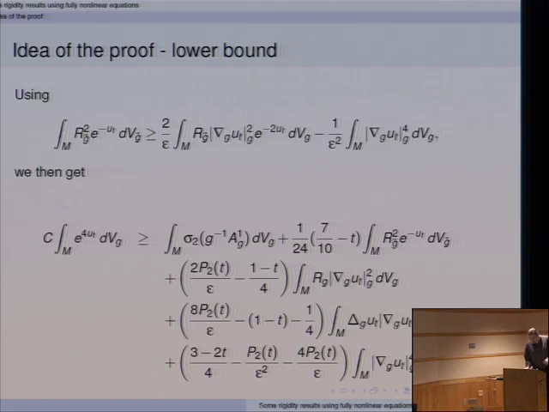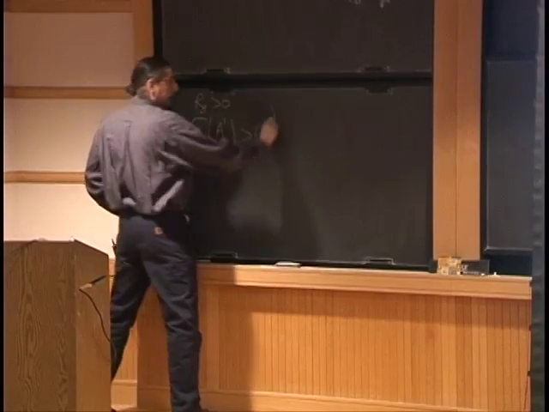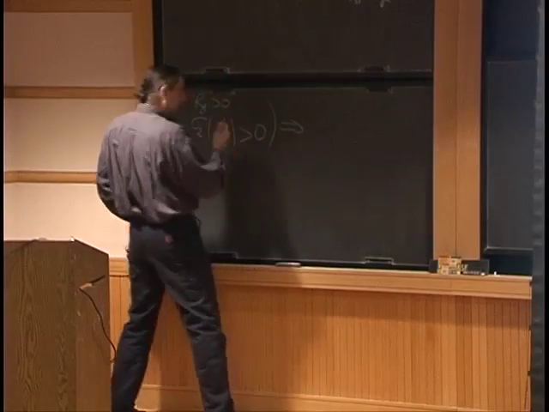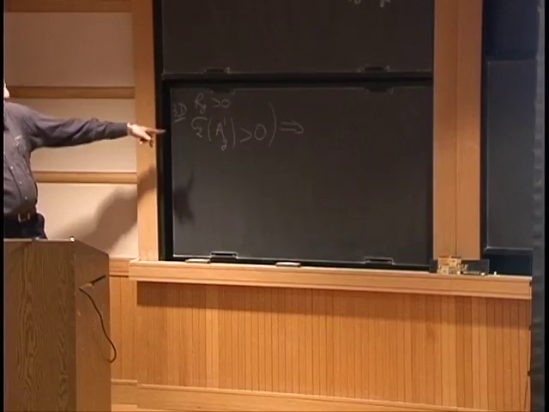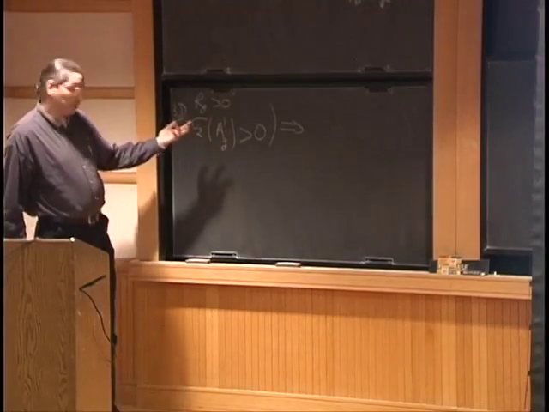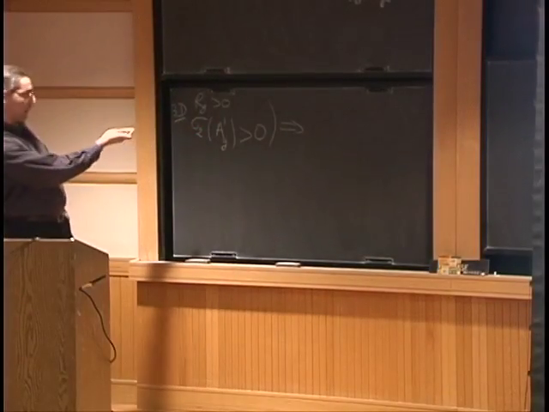And it's good enough to have 2/3 because, and this is the key point here, you know that if sigma 2 of A1 of some metric is positive, so you also assume that the scalar curvature is positive, then, okay, this is in 3D, if you know that the scalar curvature is positive and sigma 2 of the Schouten tensor, the real Schouten tensor, is positive, then actually you know that the sectional curvature is positive.